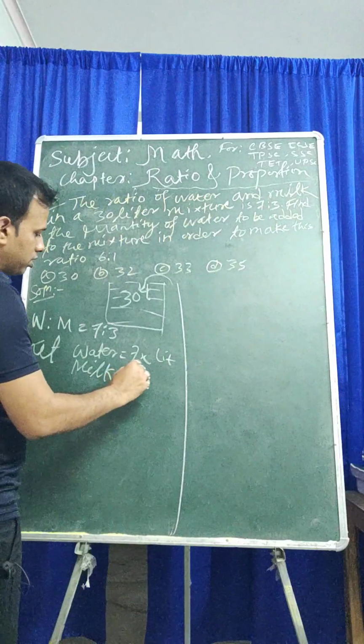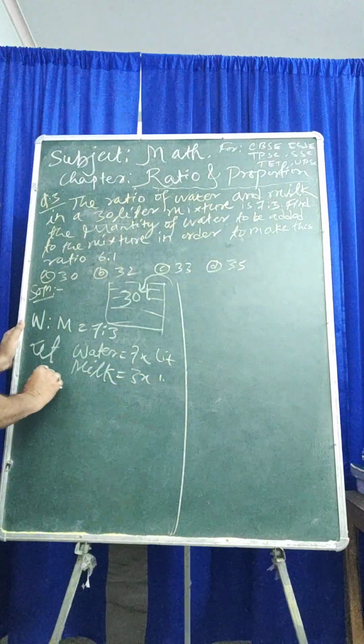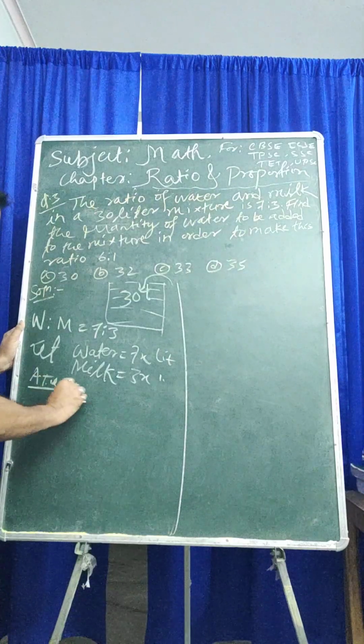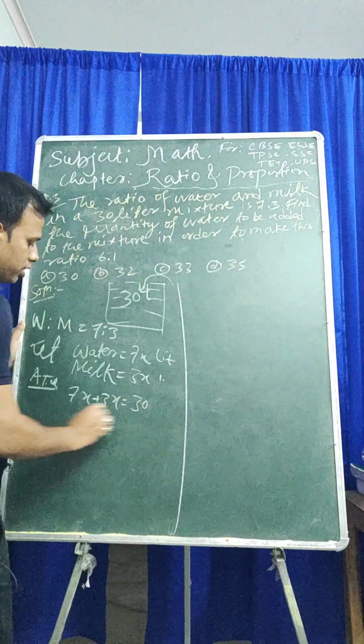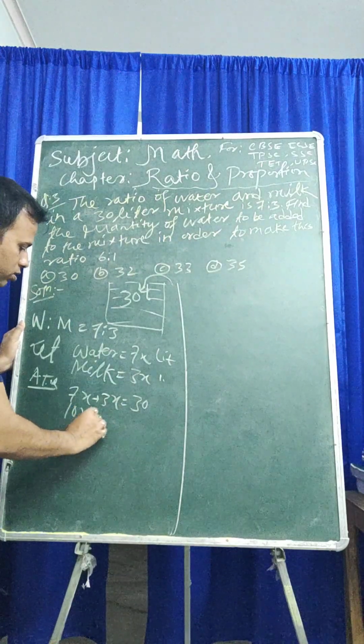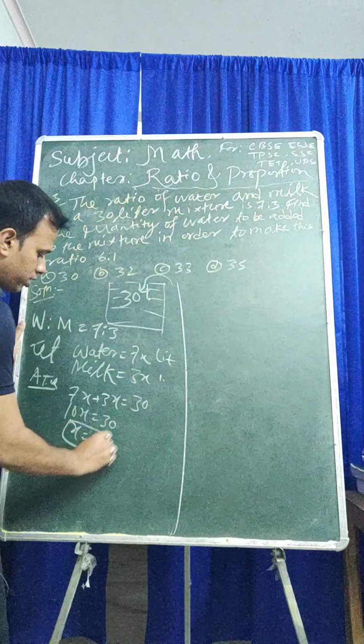is 3x liter. Now according to the question, this 7x plus 3x is 30. So 10x is equal to 30, so x will be 3. This much is clear.